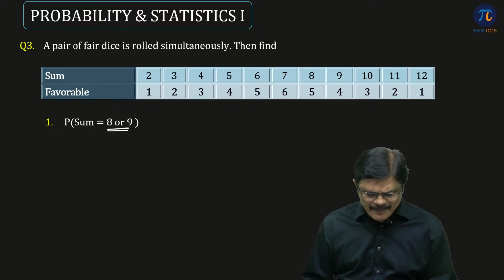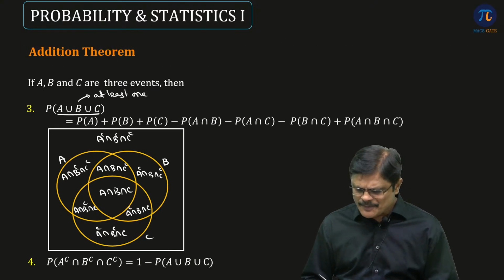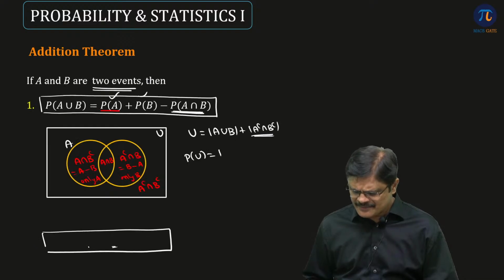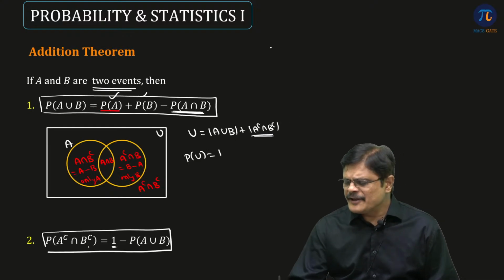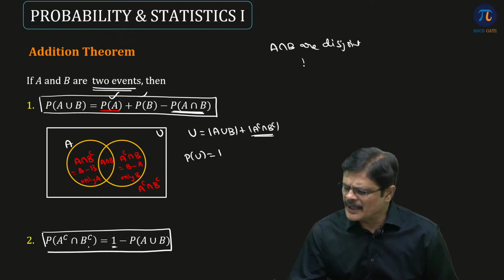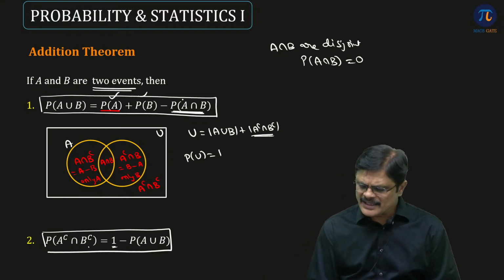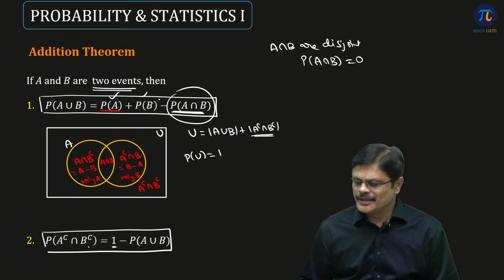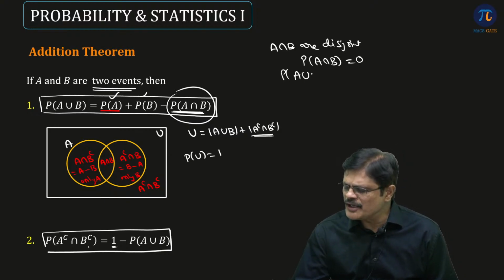Obviously. See, my dear friends, if you observe this particular addition theorem, if A and B are disjoint, then probability of A intersection B will be 0. That is, this part becomes 0. Then what happens to probability of A union B?